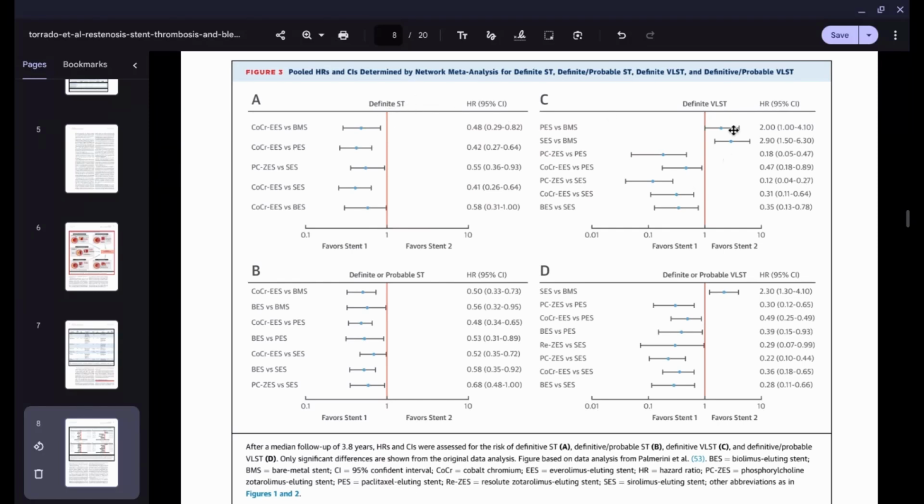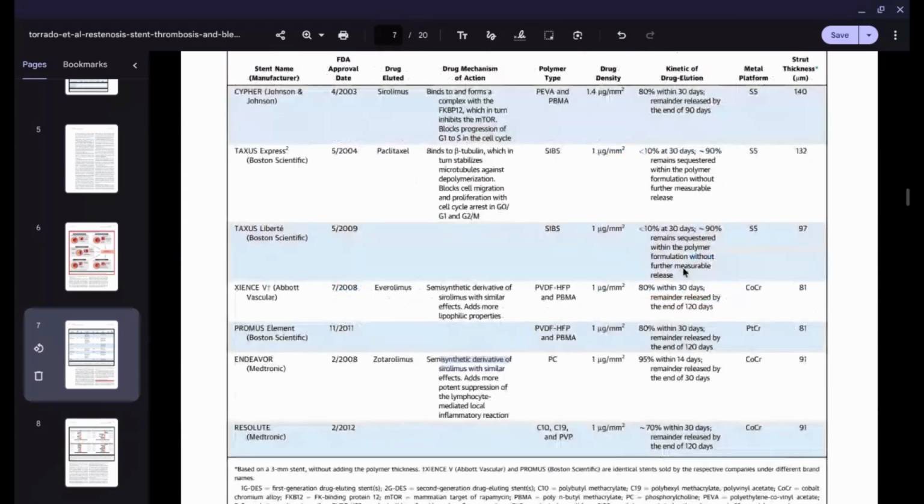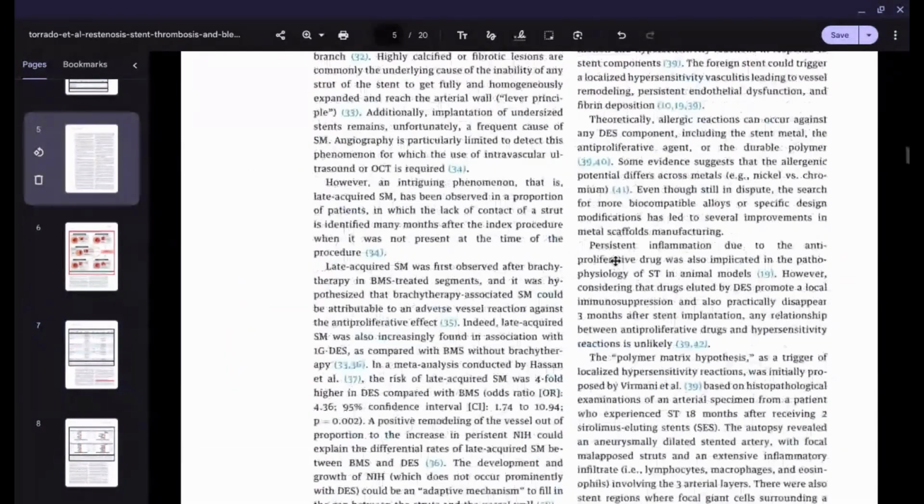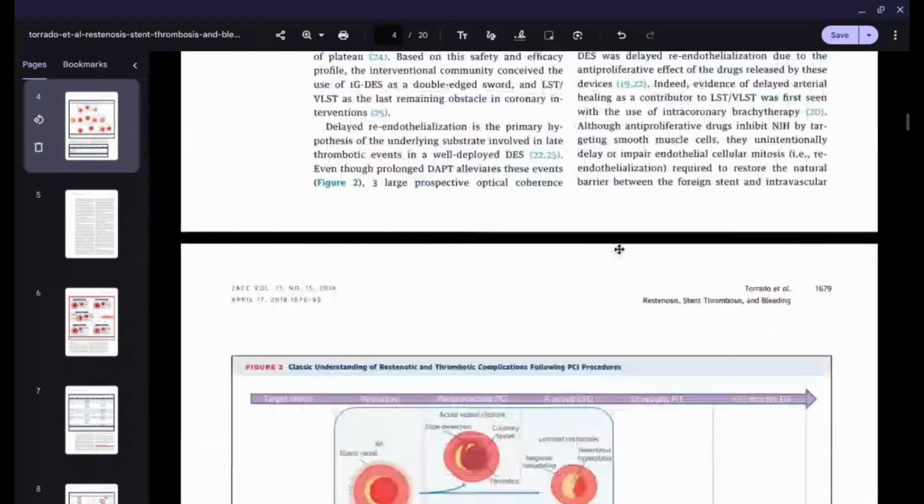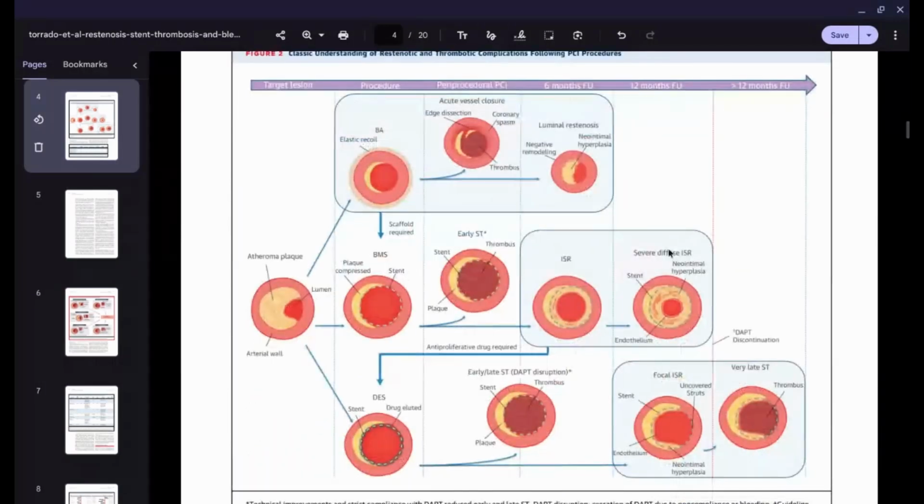Here there is a stent thrombosis. This happens very late. Some of you might also be wondering what is this very late and what is this imminent? Within 6 months you have early stent thrombosis. After 12 months you have very late stent thrombosis. So the time scale is also roughly given.